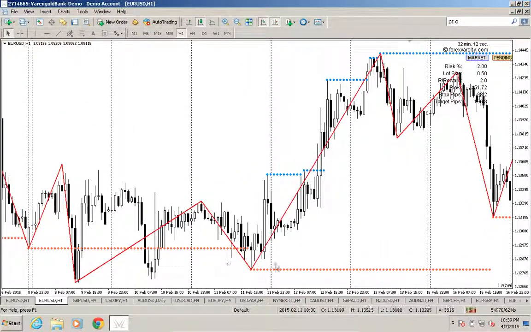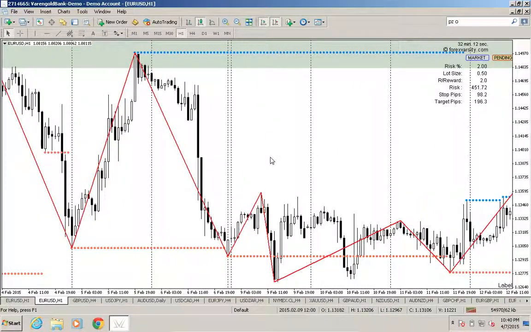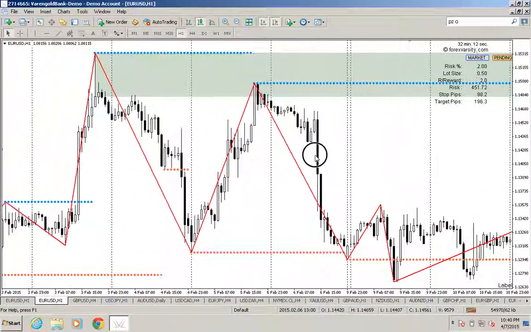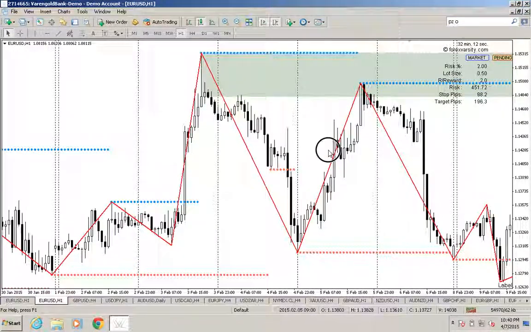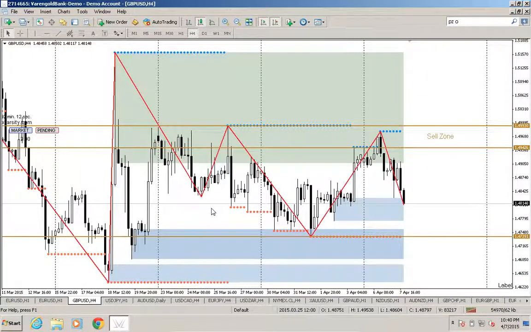Here we are looking for buys. Oh, and we have one with a little hammer. Looking for buys again. Let's move on to the next chart.